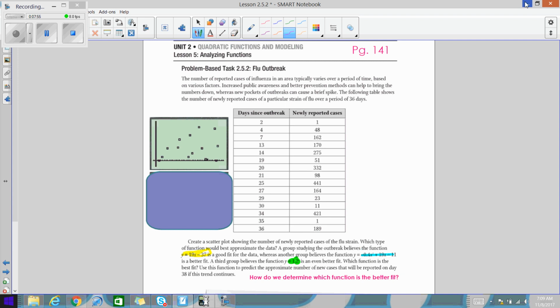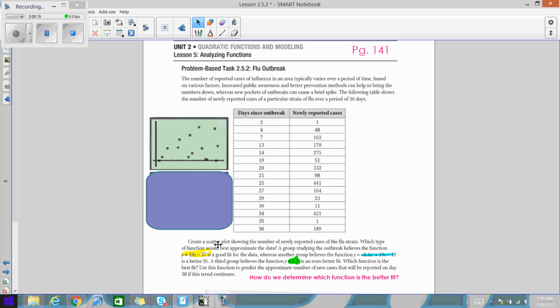It's just kind of looking at a flu outbreak. So we have days since the outbreak occurred, and then how many cases we have here. Now I don't want you to do this. What I've done is I've already put it up here on the screen. You can see my data. So I have all the points and I've put these in. If you look at it, it's kind of like a hodgepodge, not sure if it's best fit by linear or best fit by quadratic.